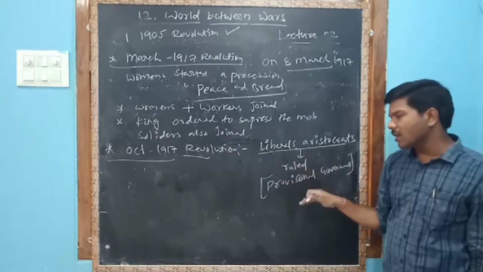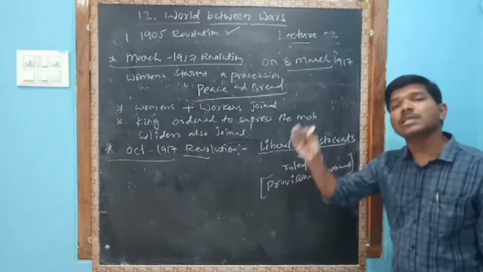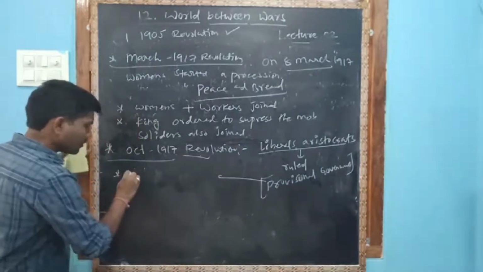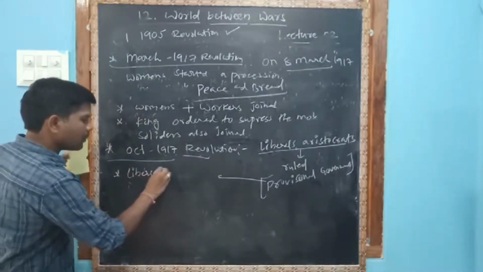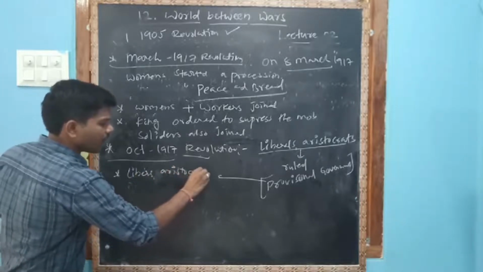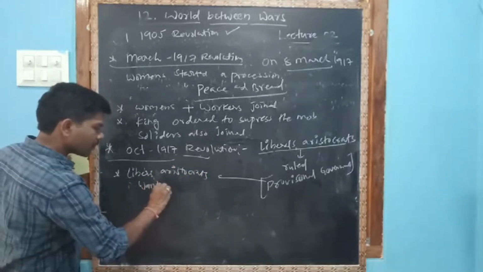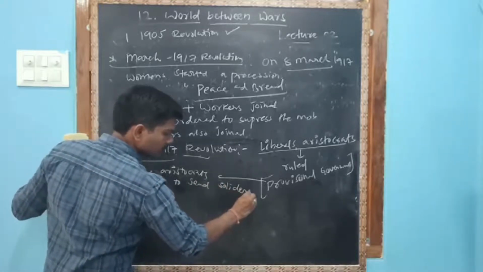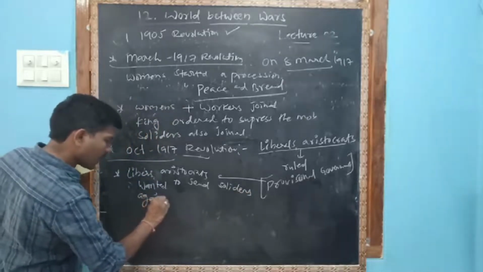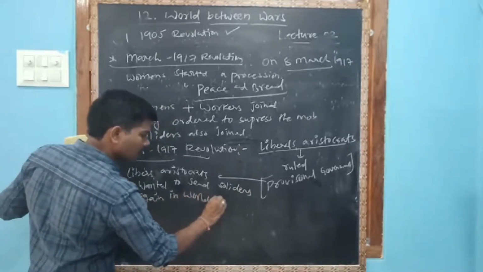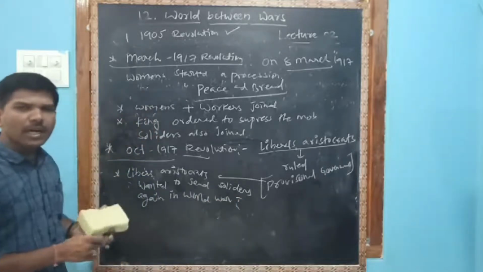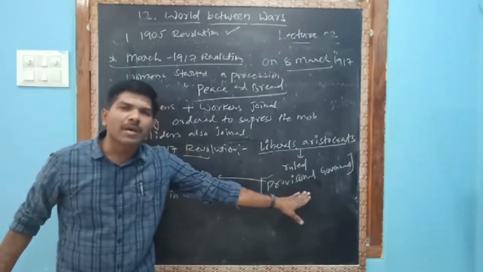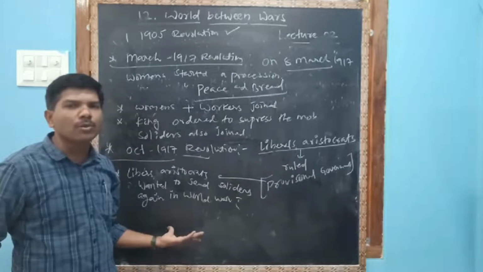These liberals and aristocrats wanted to send the soldiers again into World War I. We know that Russian soldiers came back from the World War, but now these provisional government members again wanted to send these soldiers into the World War.